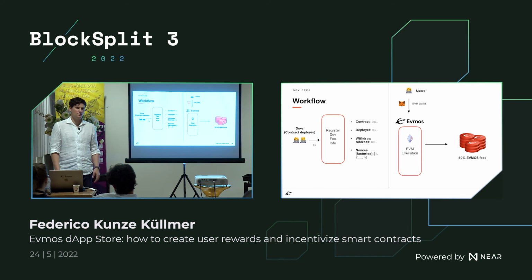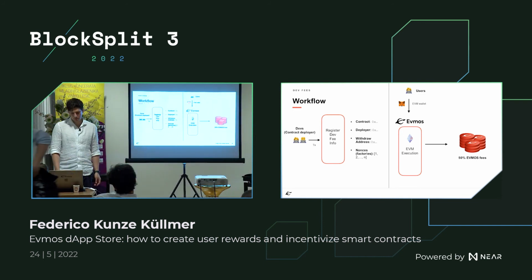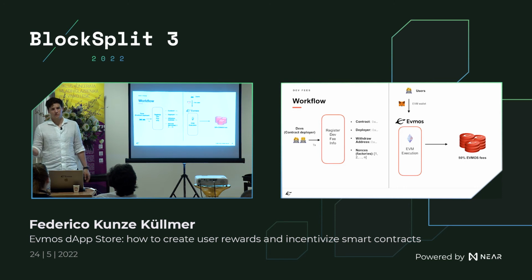So if you want to define another address, like an address that is managed by your entire team or a Gnosis safe address, you can specify that address here, and then you provide the nonce that you deployed the contract with. So for example, you send 10 transactions, and on the 11th transaction you deploy the contract. That is your nonce. 11 is your nonce.